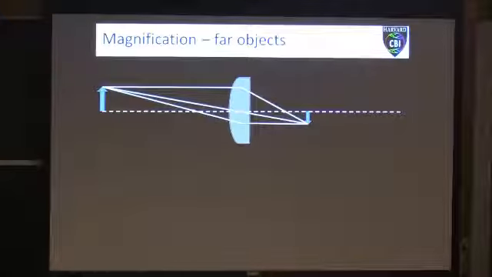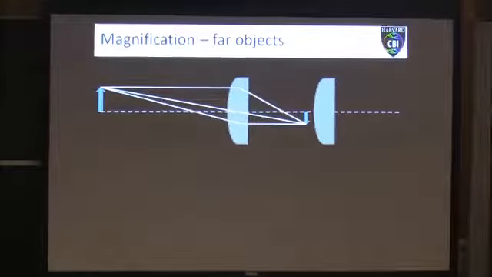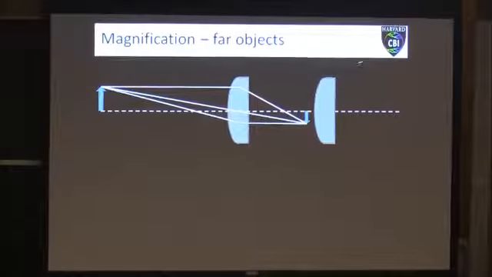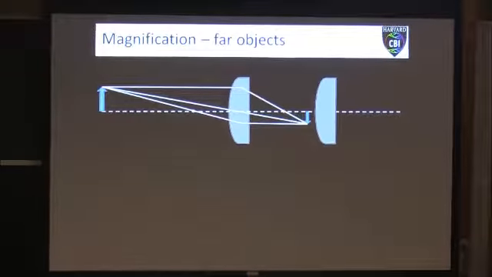The answer is a combination of things that we've already learned. What we can do is leave this imaging system intact, add another lens where our image here is now inside of the focal point of this lens. The focal point is exactly the same for this lens.